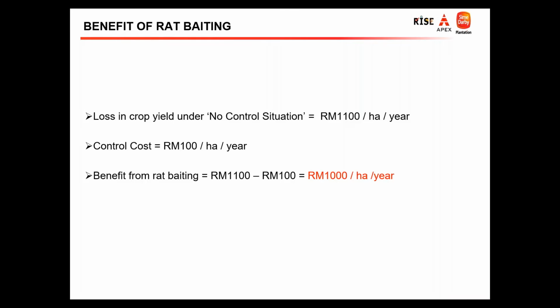So it's not very much, and the saving you're going to get from baiting is huge. Imagine if you don't do baiting, your losses are that much, over 1,000 ringgit per hectare per year. Okay, next.